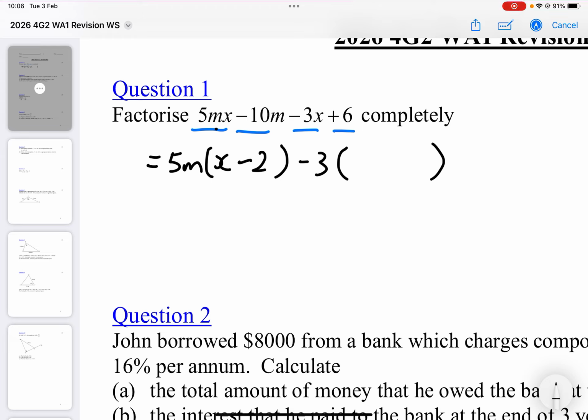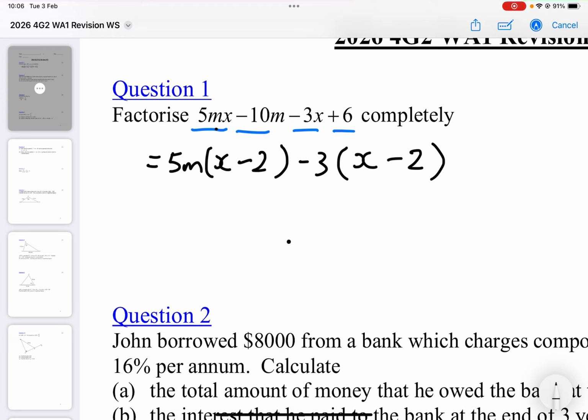Minus divided by minus is positive, negative and negative cancel already. 3x divided by 3, cancel, cancel, I'm left with x. Then the next one, we have to be careful. Plus 6 divided by minus 3. Positive divided by negative, this one will change to negative. 6 divided by 3 is 2.